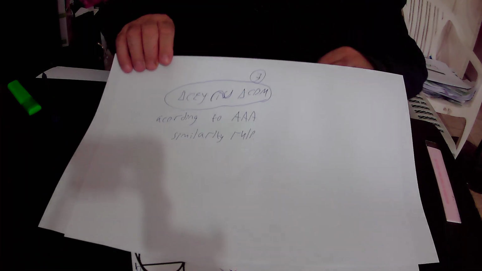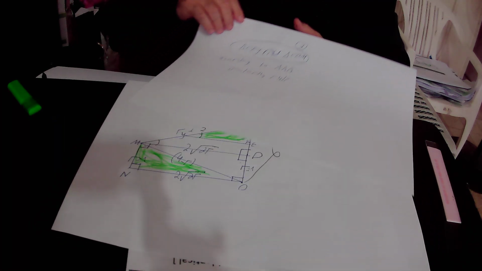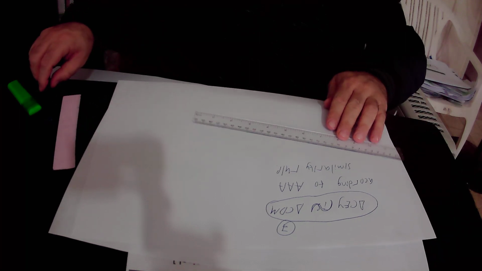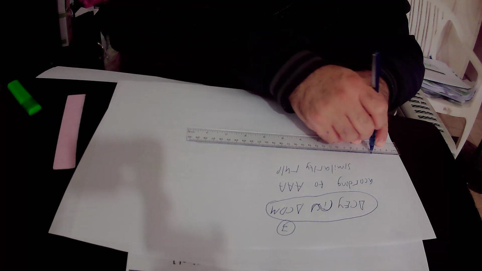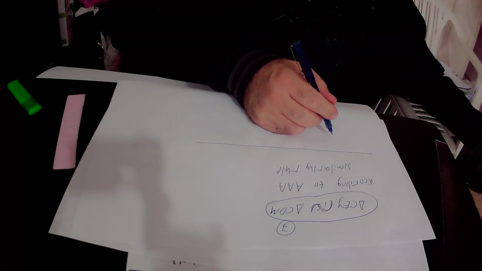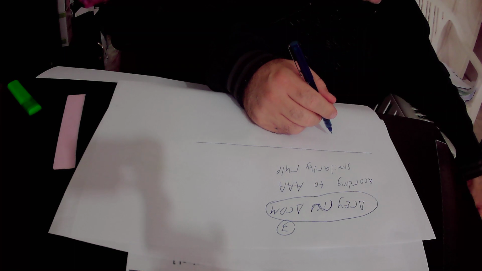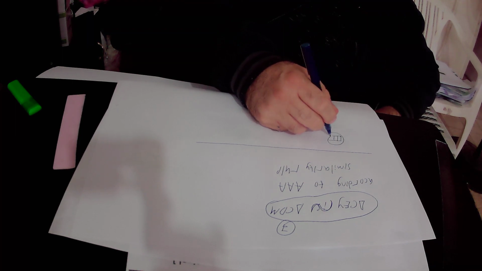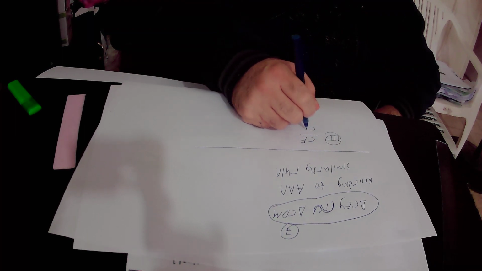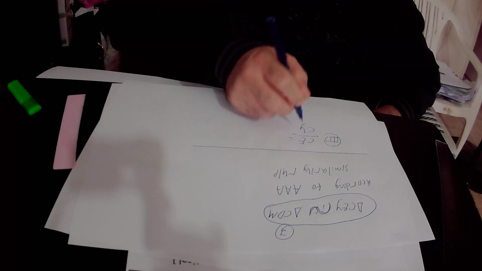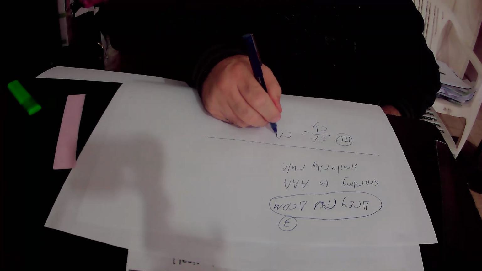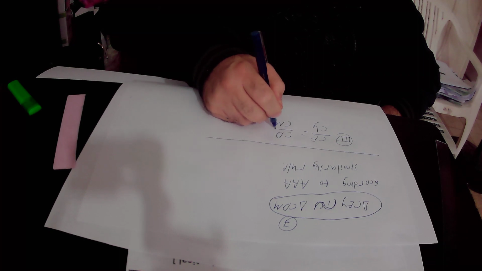And from the fact that triangle CEY is similar to triangle CDM, we will conclude that CE over CY in triangle CEY equals CD over CM in triangle CDM.